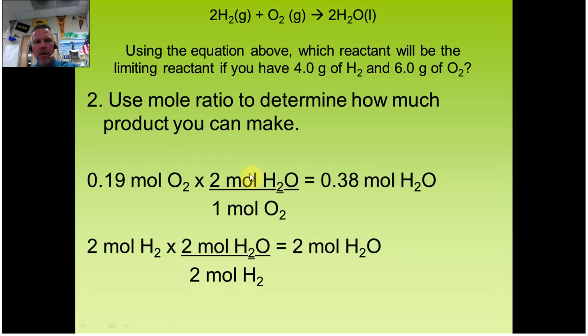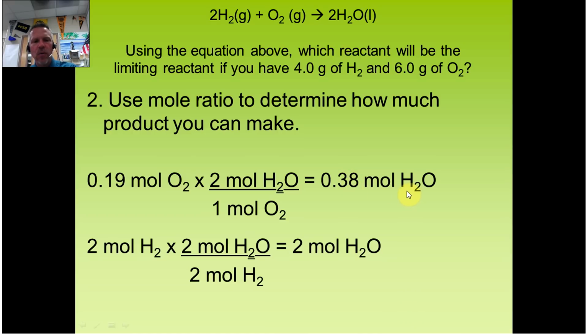So we take our 0.19 moles of oxygen and we use a mole ratio to change moles of oxygen into moles of water. Here you get 2 moles of water for every 1 mole of oxygen. So the mole ratio is 2/1. That means from 0.19 moles of O2, you can make 0.38 moles of water.